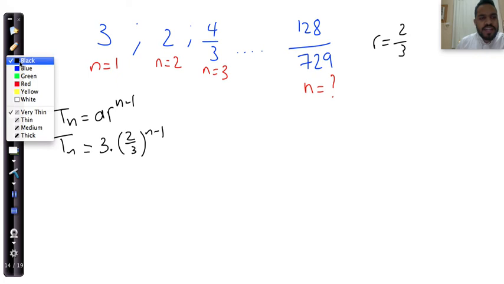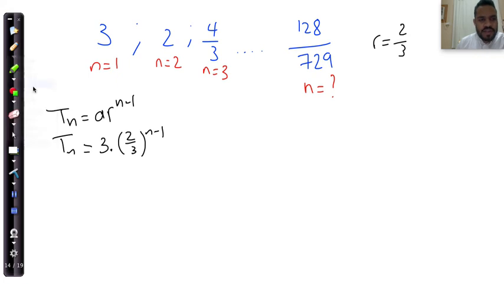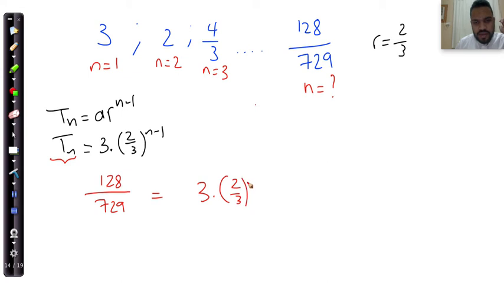Now, we are given here the term value. We're given Tn. We're going to solve for this n, right? So what does Tn equal? Well, Tn is going to be 128 over 729, which is equal to 3 multiplied by 2 over 3 raised to the n minus 1.